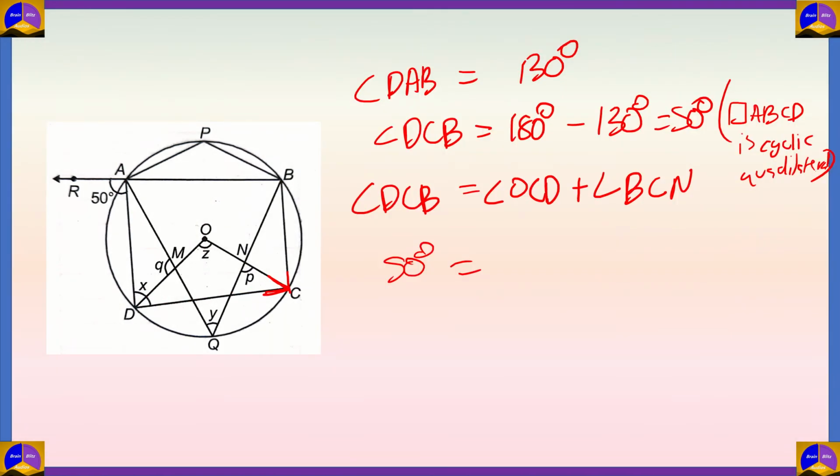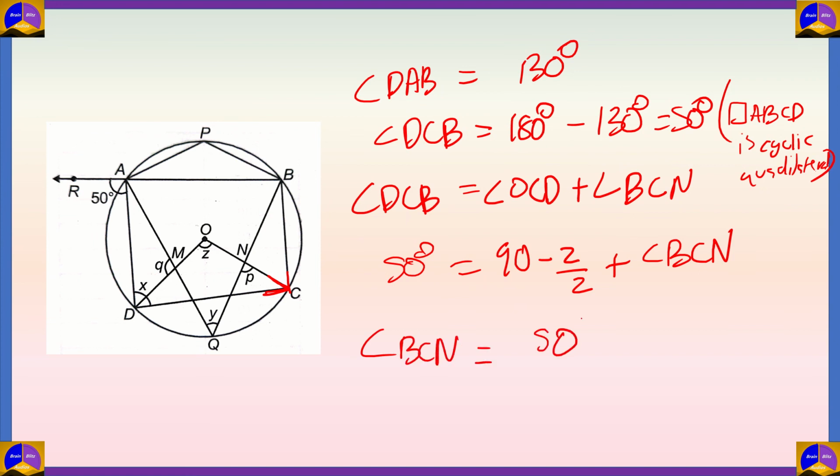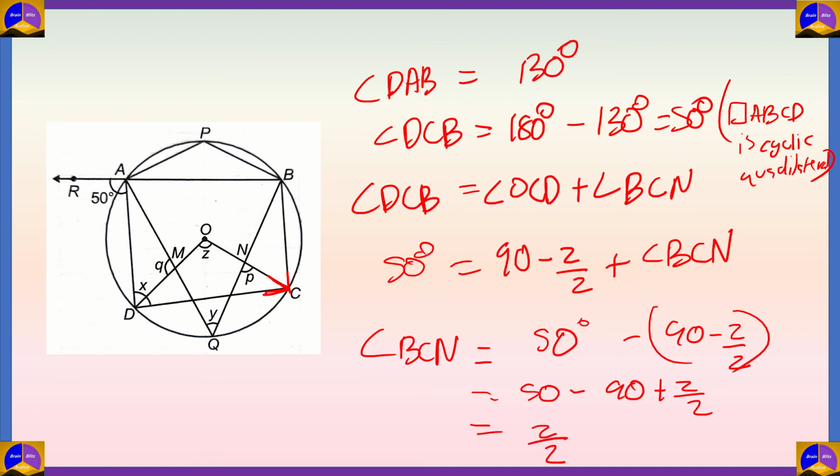So if we replace the values, we get 90 minus Z by 2 plus angle BCN. So angle BCN is equal to 50 degrees minus (90 minus Z by 2). So we get 50 minus 90 plus Z by 2, which is Z by 2 minus 40 degrees. So angle BCN is equal to Z by 2 minus 40 degrees.